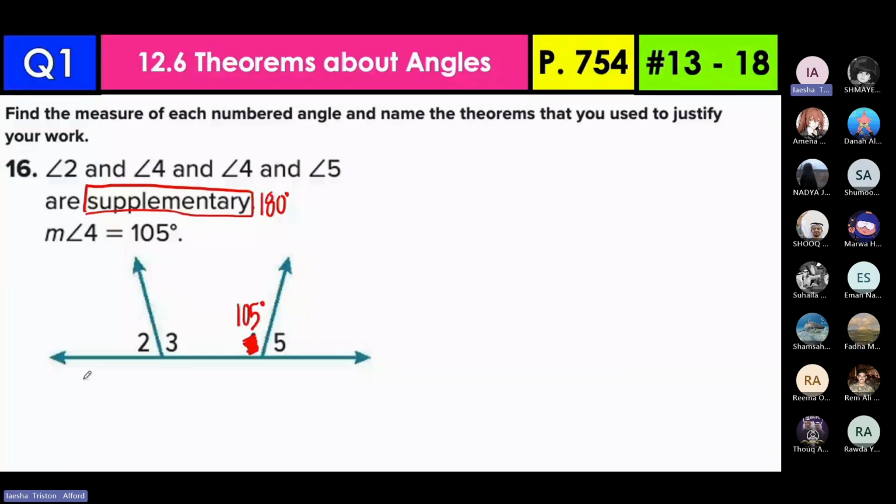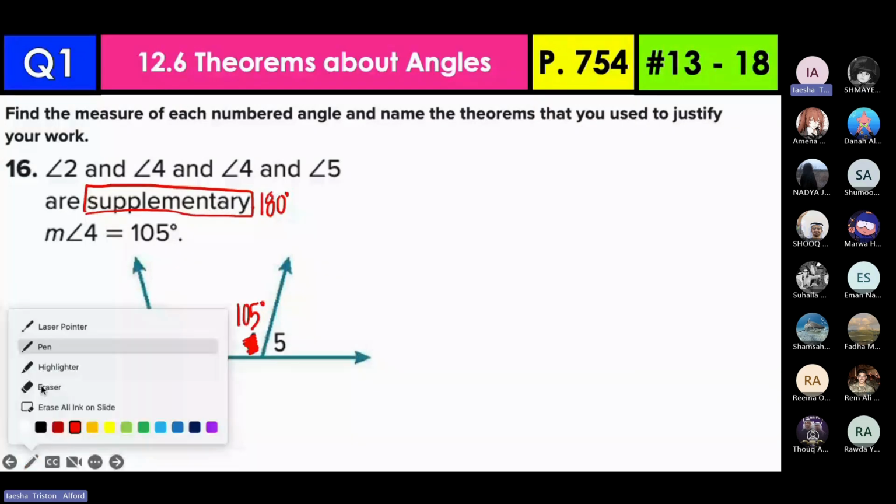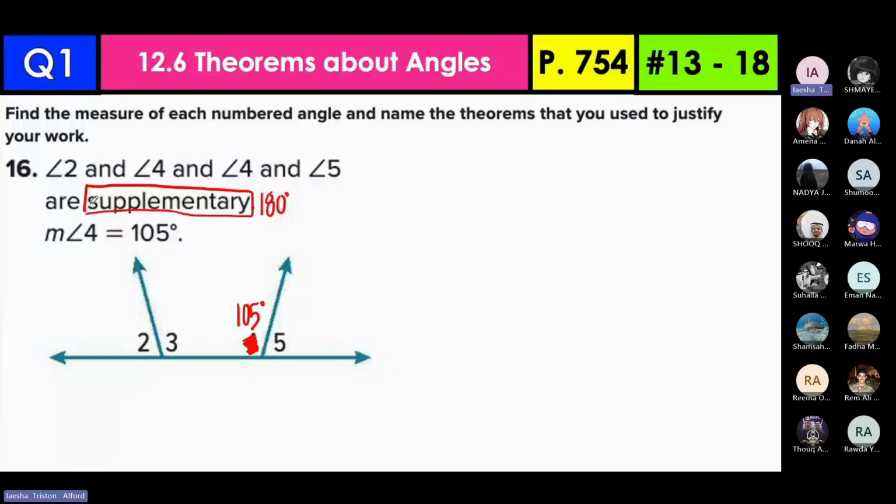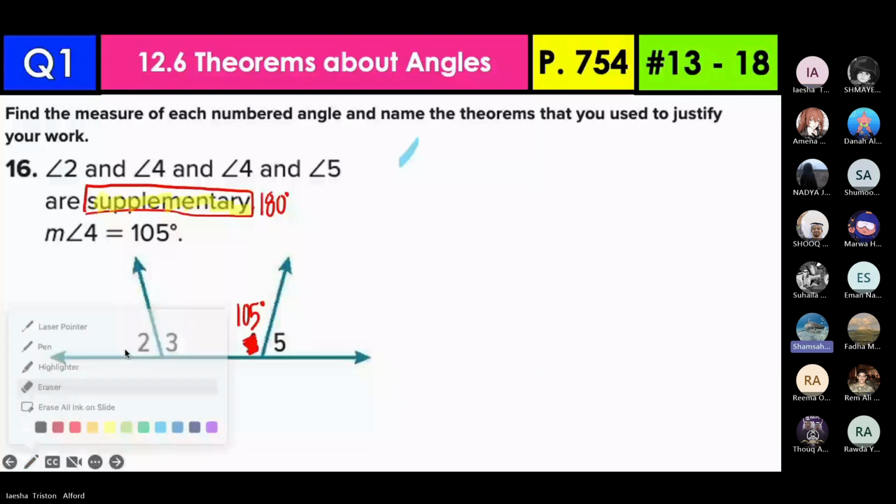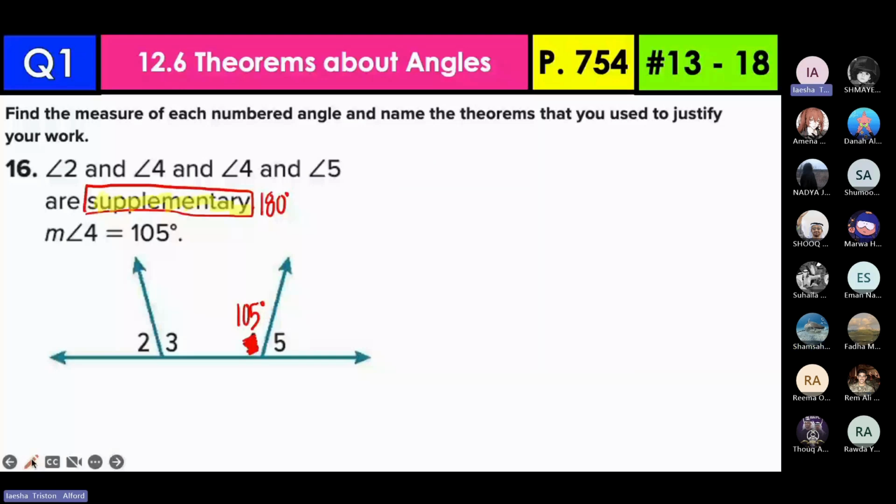Well, remember what it told us in the writing. 4 and 5 are what? Supplementary, right? So how can I find the measure of angle number 5? X plus 105 equals 180.